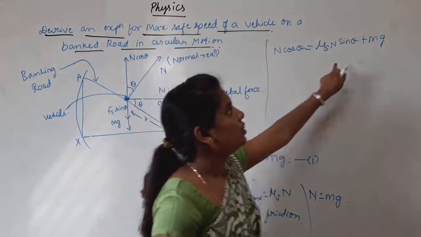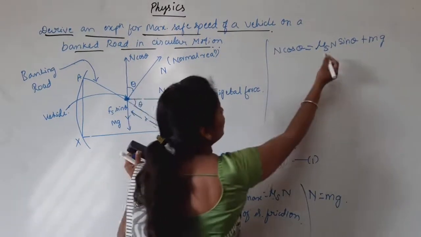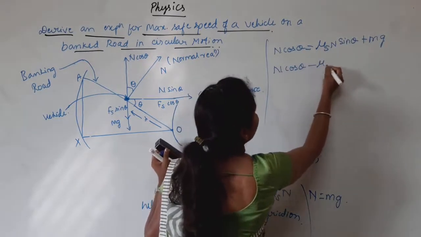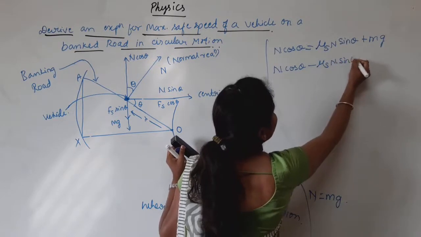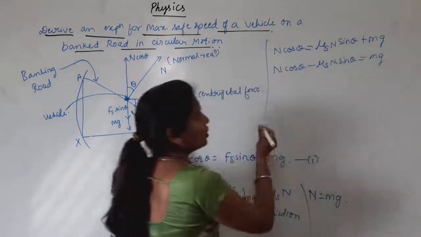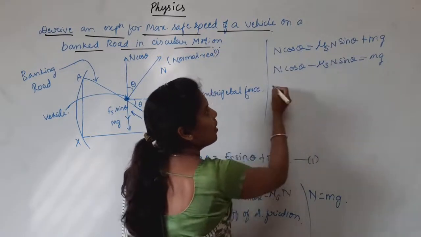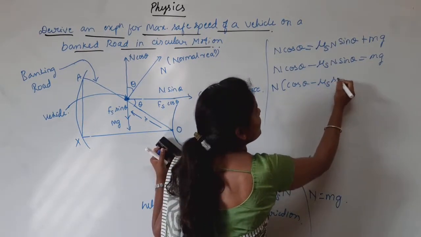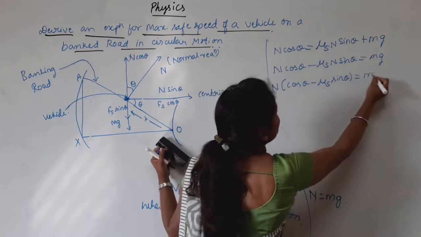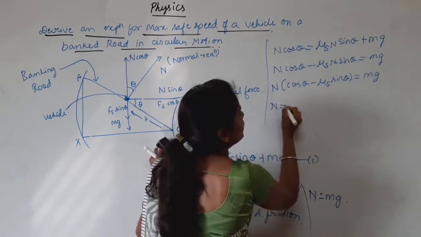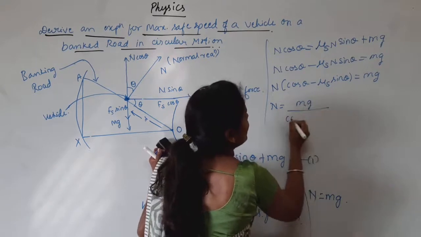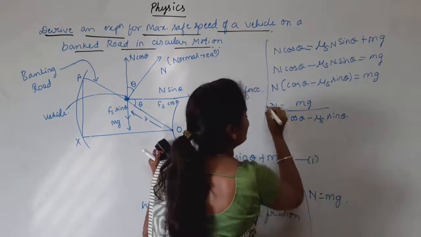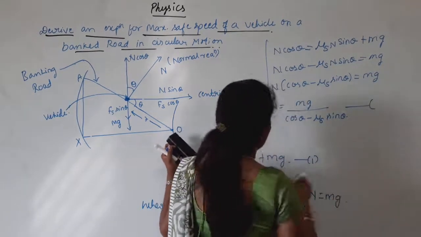This term comes to the left side: n cos theta minus mu s n sin theta equals mg. In both terms n is common, so take it outside: n of cos theta minus mu s sin theta equals mg. Simplifying, n equals mg divided by cos theta minus mu s sin theta. Let this be equation number 2.